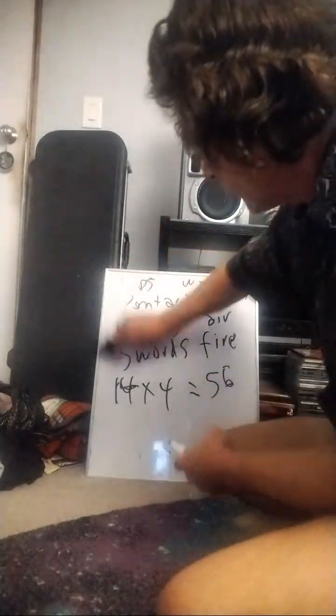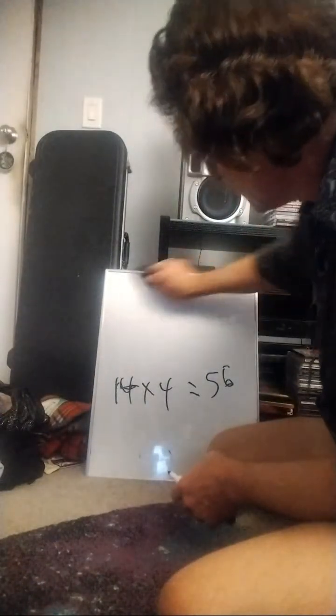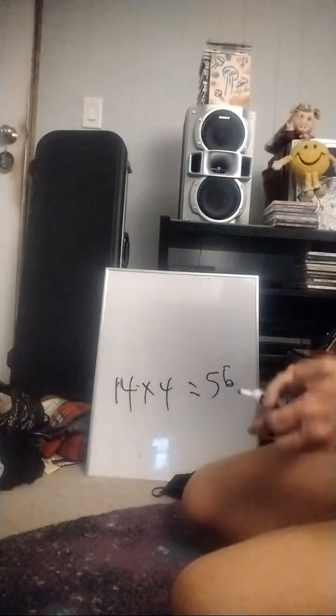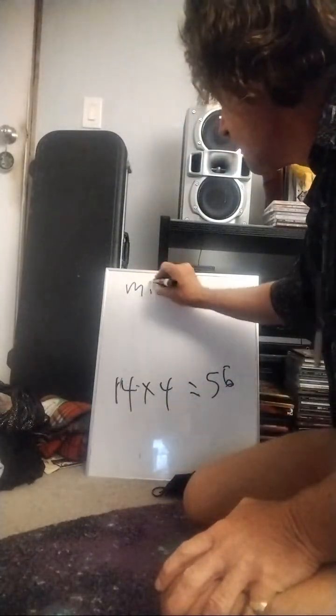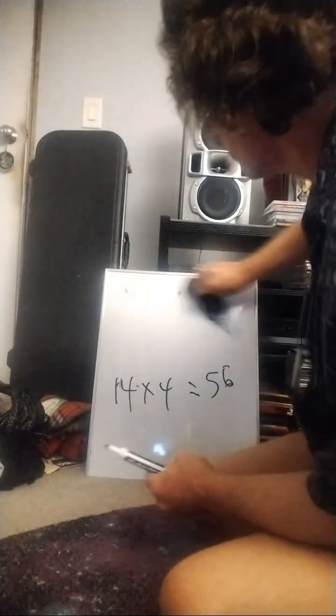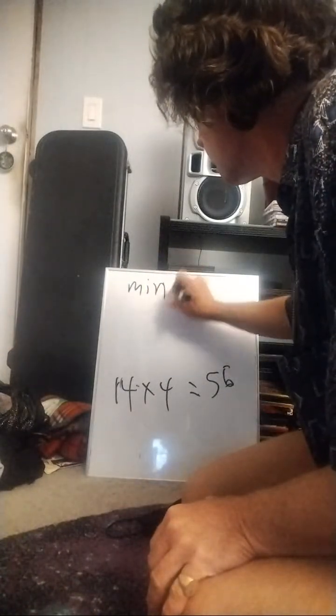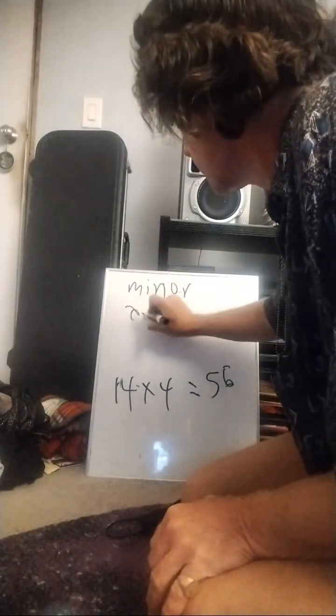So let's erase this. These 56 cards are called the minor arcana.